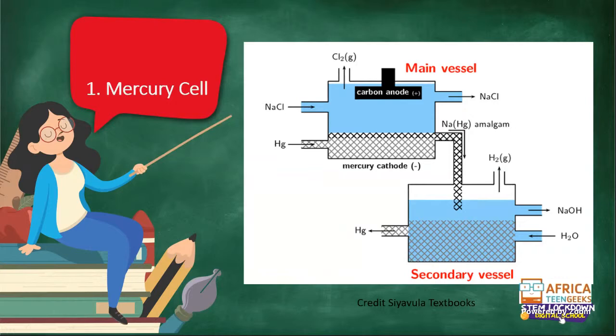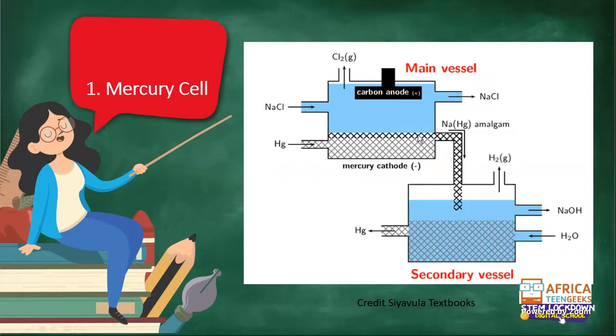When the current runs through it, you release chlorine gas here at the top. And then you have this mercury over here. Remember, mercury at room temperature is a liquid. So when you separate your sodium and your chlorine, the sodium will form an amalgam with your mercury.